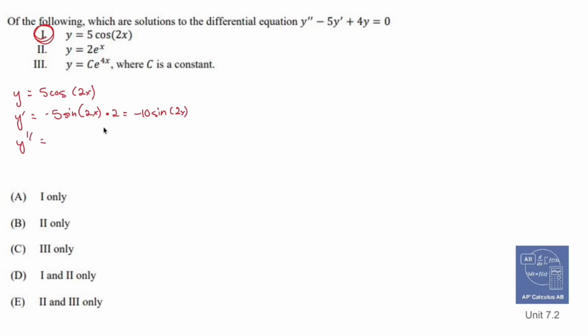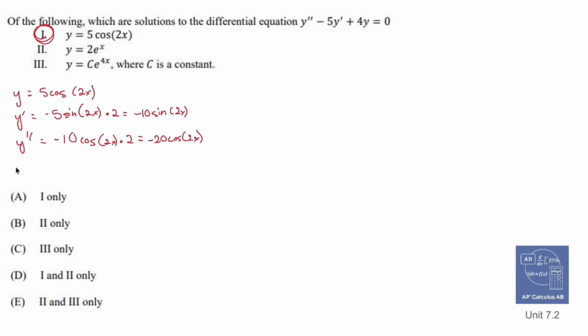Y double prime is going to be negative 10. Take the derivative of sine, which is cosine. Keep the inside, but then multiply everything by the derivative of the inside. So you become negative 20 cosine 2x, and that should do it. So let's test it out.